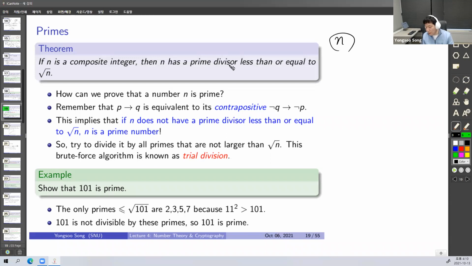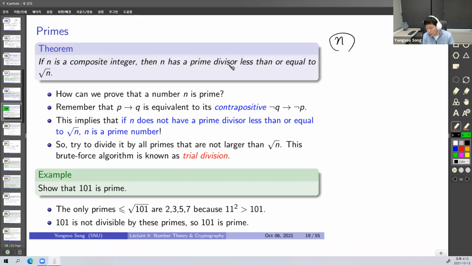So the naive method is called exhaustive search. We just try to divide this integer n by integers from 1 to square root of n.